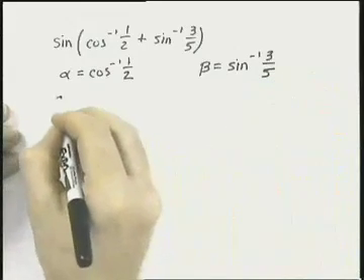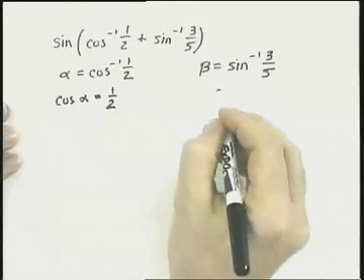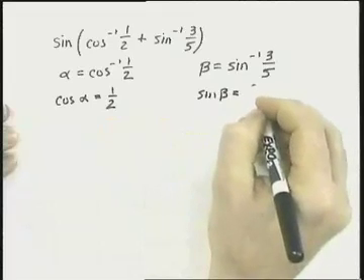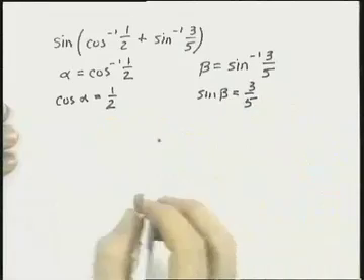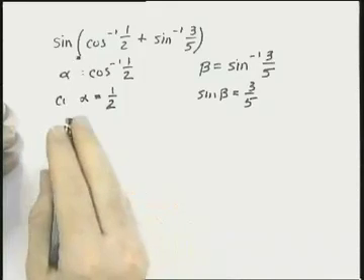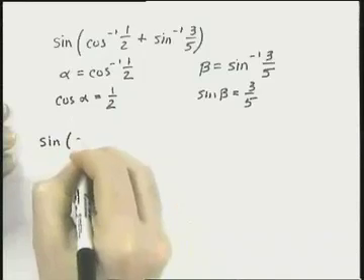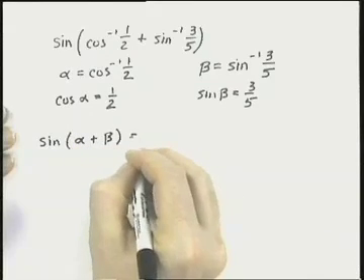This means that the cosine of alpha equals 1/2. This means the sine of beta equals 3/5. What I should recognize is that now I am computing the sine of alpha plus beta.